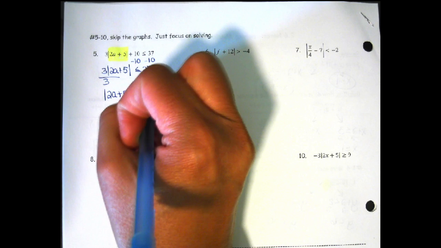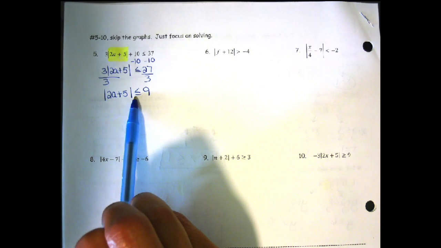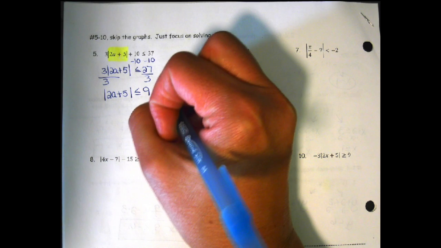I'm still going to move off this 3. And from this stage right here, I can look at this symbol and tell you that this is the less than. And because this is the less than, I know it's going to be the "and" inequality. But I cannot make that determination until I isolate this piece.